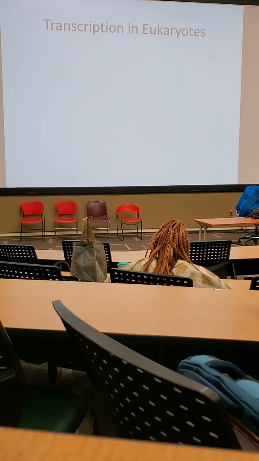So what are some of the differences that might affect transcription in eukaryotes? Prokaryotes usually are a single cell. So what are all the things about eukaryotes that are going to affect how we think about transcription? Any thoughts?